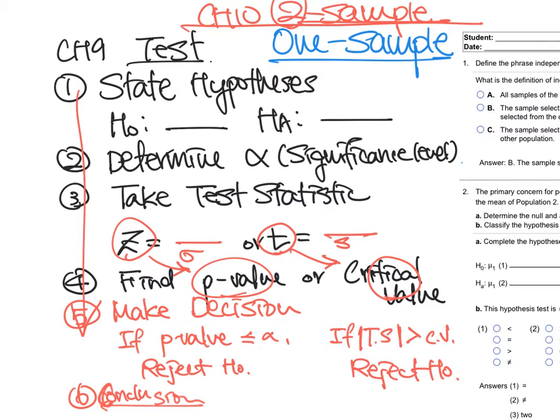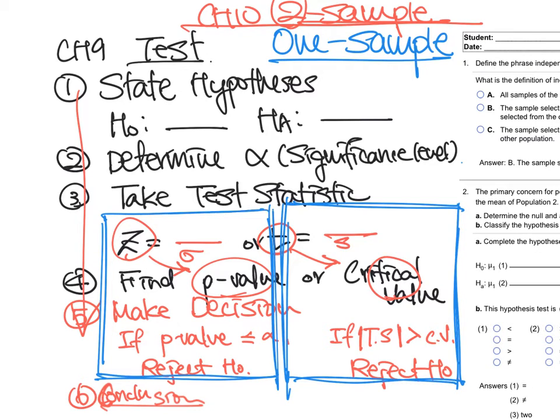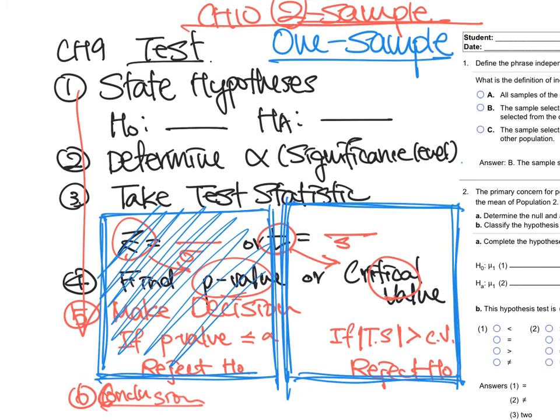And additionally, we discussed how we can use the z-score and the t-score. The textbook has 2 parts. One is the z and the other one is the t. But now in chapter 10, we are not going to use the z-score.